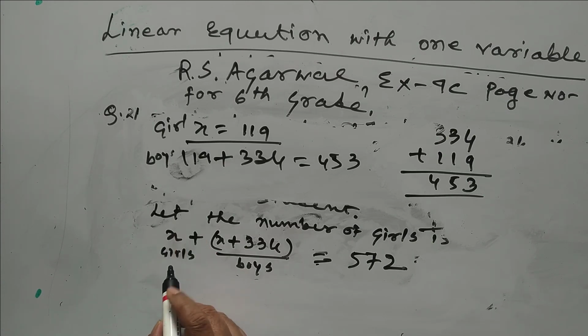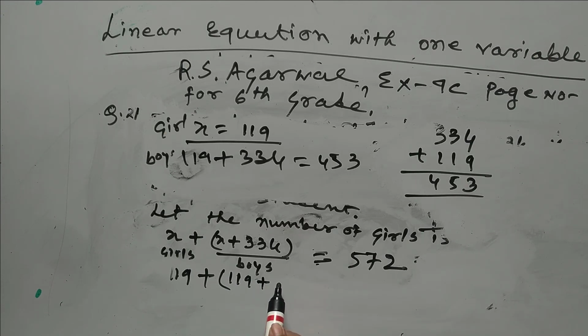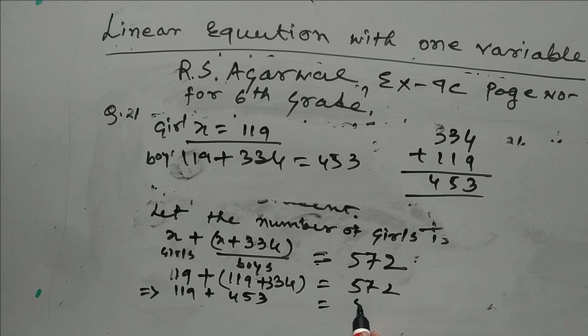Now x is 119, the girl students, then boy students are 334 more than the girls' number, then 119 plus 453 equals 572.